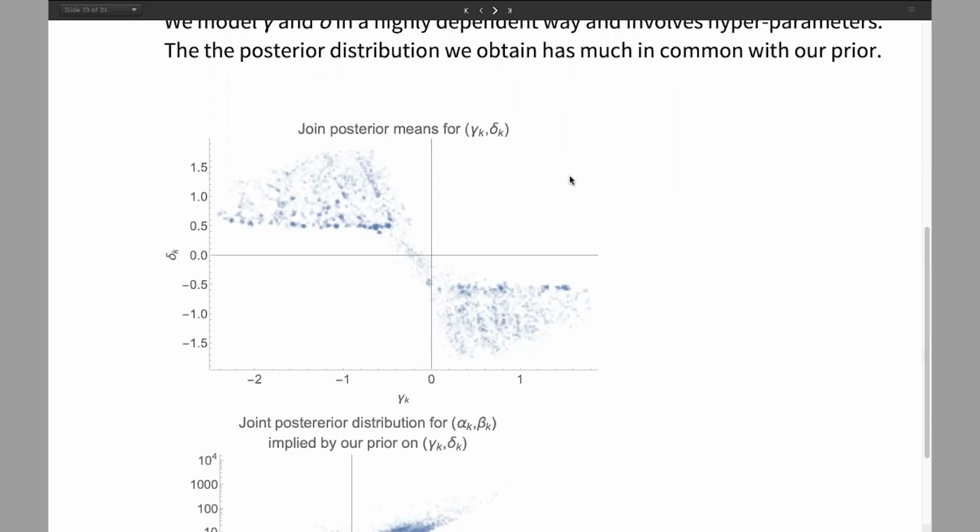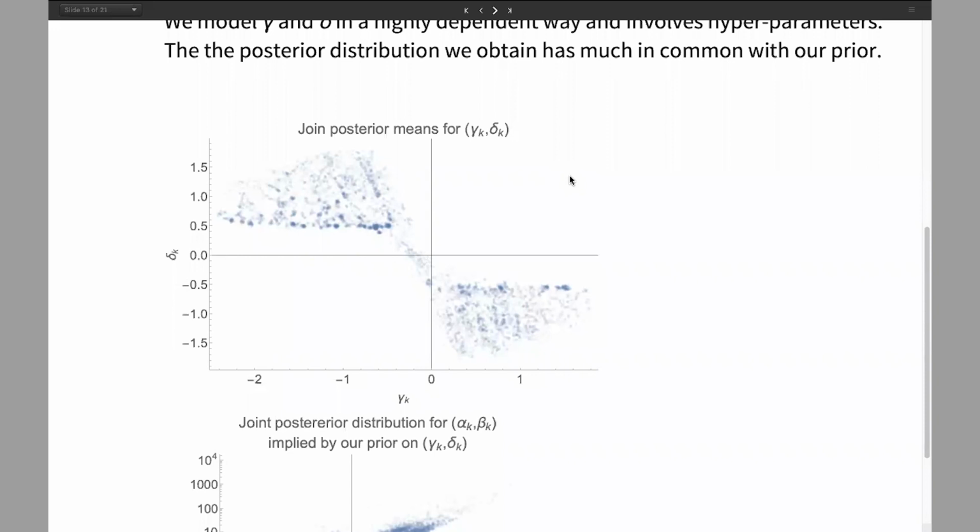Even if you didn't have a prior that encouraged that, you would still find that. So the prior for delta isn't just a prior for beta isn't just 1 over a normal. It actually involves saying, well, if delta is positive, then gamma is going to be normal with a certain mean. But if delta is negative, gamma is going to be normal with a different mean. Again, this is in the prior, and the data can overwhelm this.